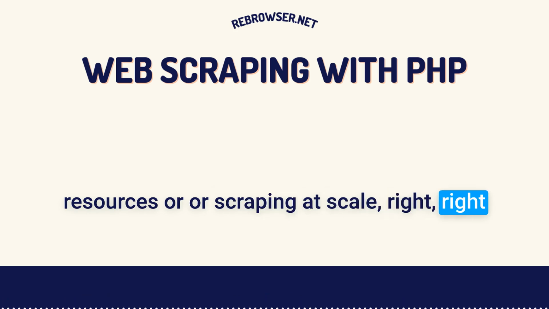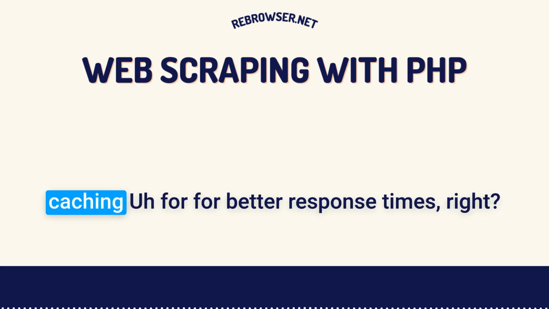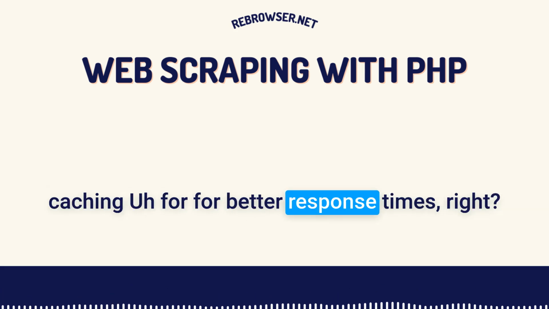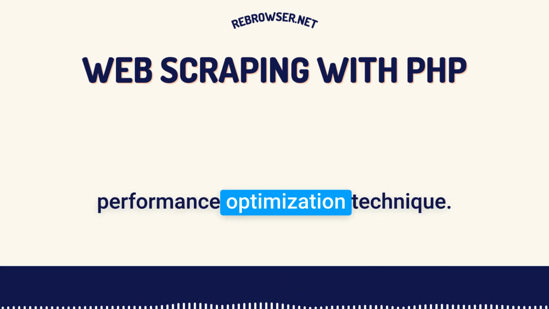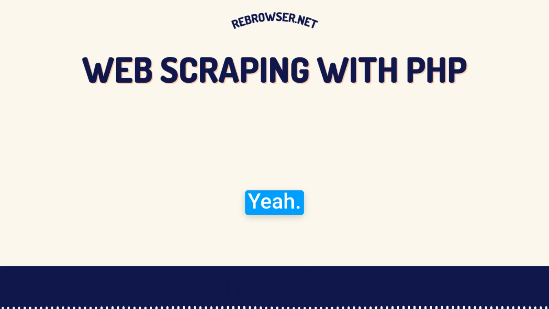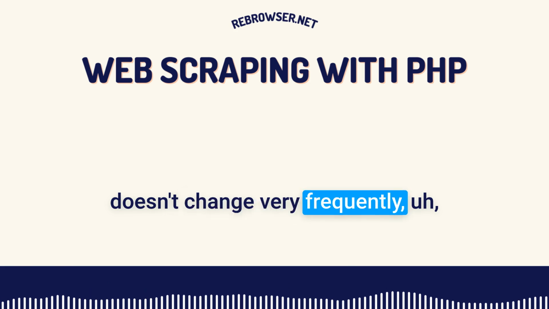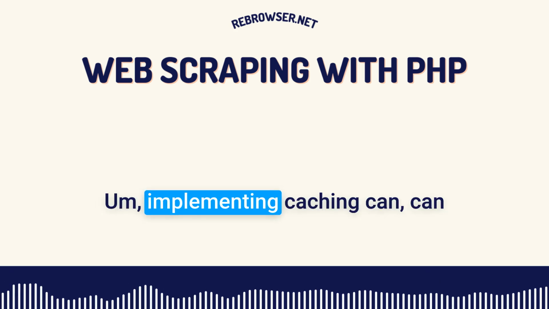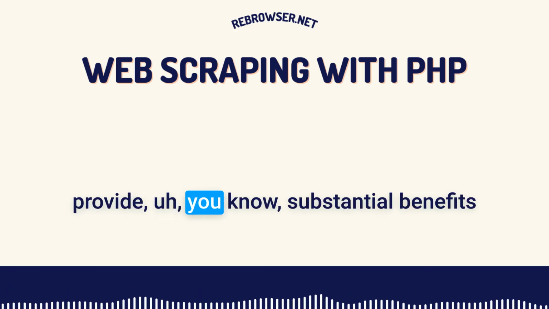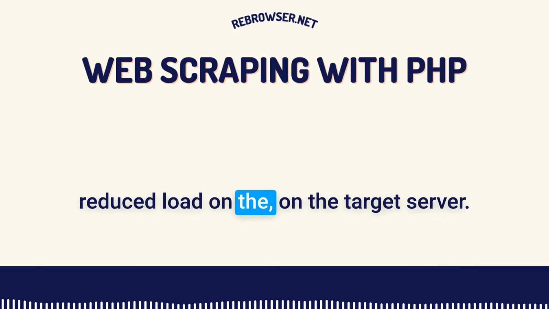And finally, the article mentions efficient caching for better response times. That's a classic performance optimization technique. Exactly. If you're scraping data that doesn't change very frequently, perhaps daily or even less often, implementing caching can provide substantial benefits in terms of both speed and reduced load on the target server.